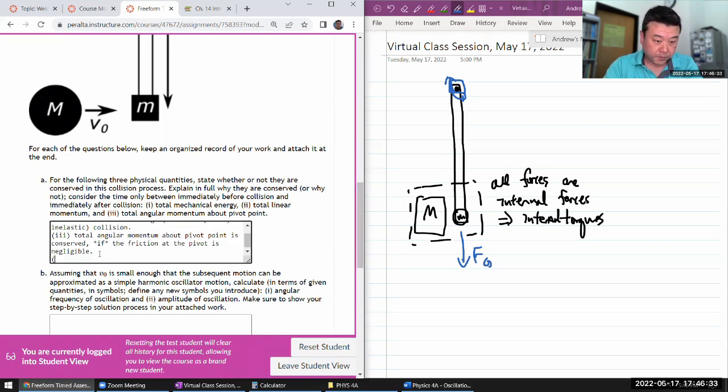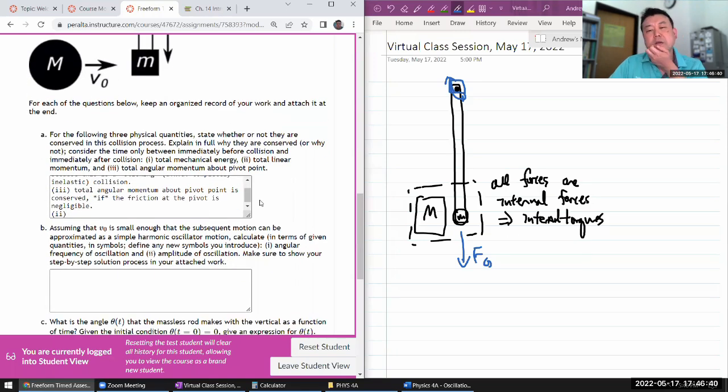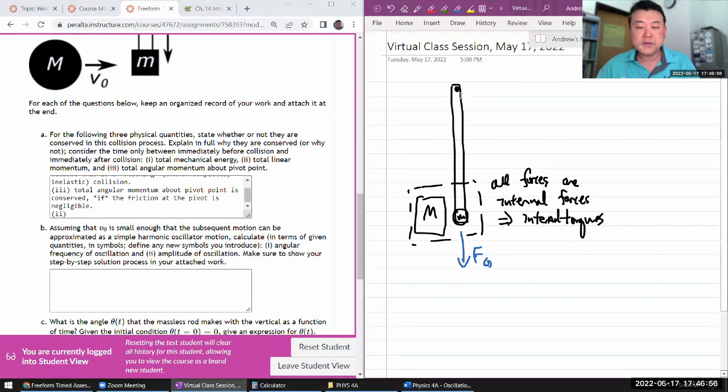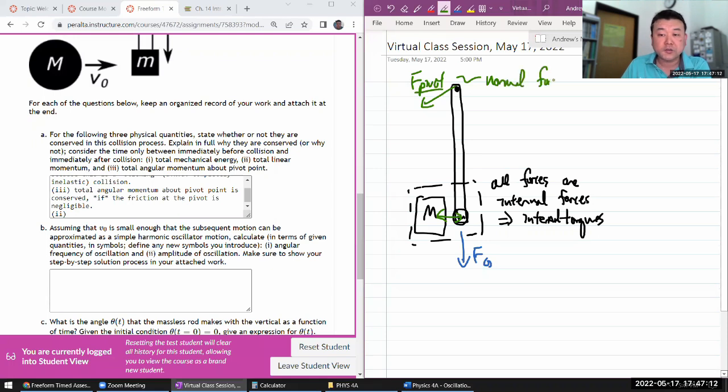So I deferred the second one, total linear momentum, because I think it's one of those cases where my intuitive reaction would have said, as these two things collide and interact, I could have some kind of pivot force here, something similar to a normal force. If I treat this collision as lasting a very short amount of time, this force could go up.